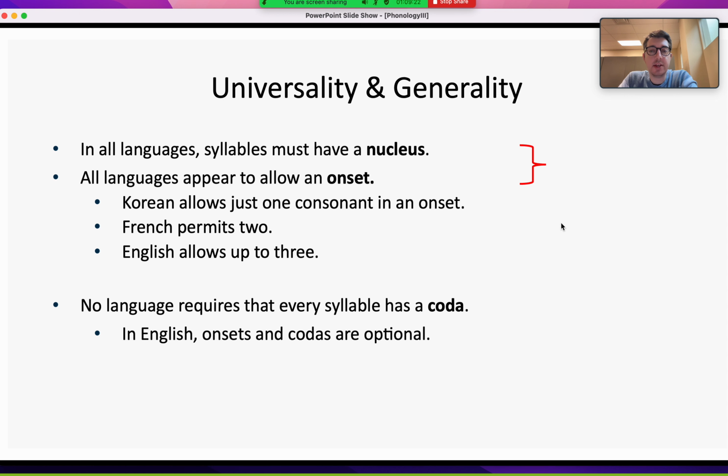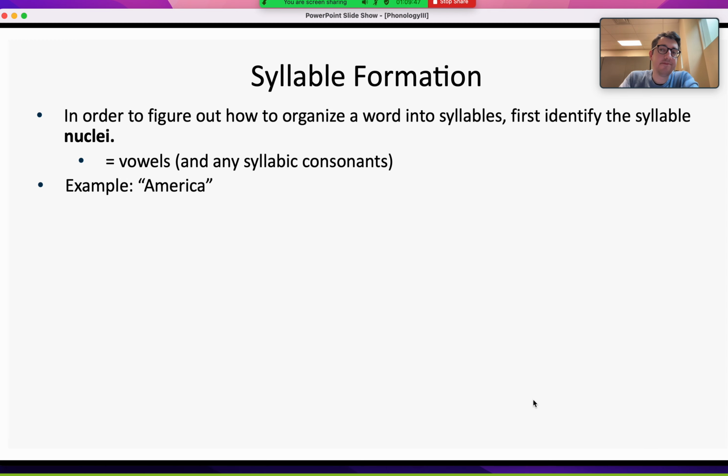That's all you need. And if you remember, when we talked about universality and generality and their differences, we know this is universality. It refers to all languages in the world, and we know that these three are parts of generality. They are specific to languages. This one is also a universality principle, and this one would be a generality principle.